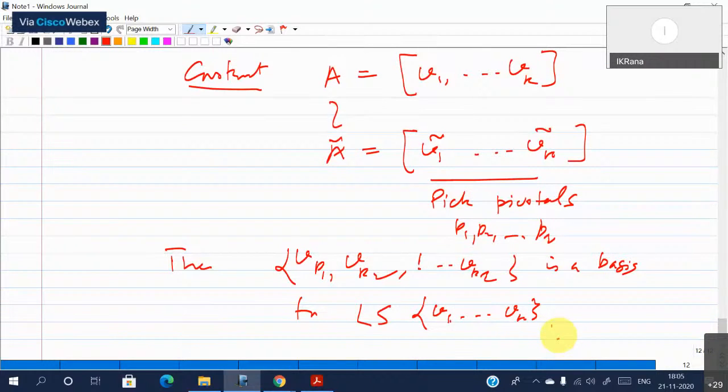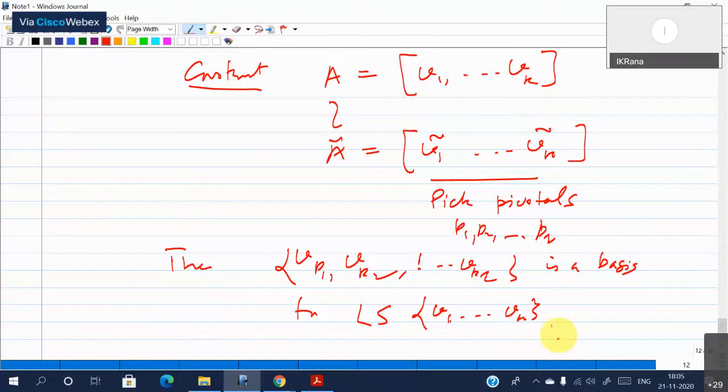So I think we have come to the right stage of stopping for the first part of the lecture today. I have finished describing basis and dimension, and I have also finished describing the null space and the row space, and actually I have also proved what is called the rank-nullity theorem.